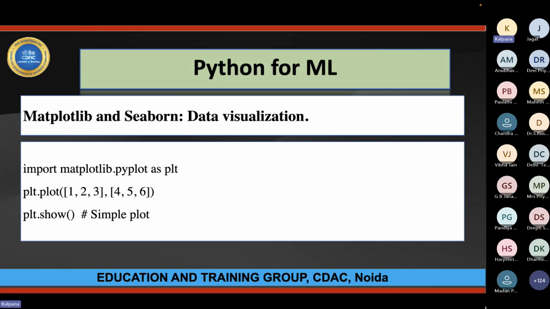I'm just telling you what libraries are available and what their purpose is. If you want to work with them, you will have to individually take them up and spend a day or two on each, so that you become skilled enough to use the functions given in those libraries.